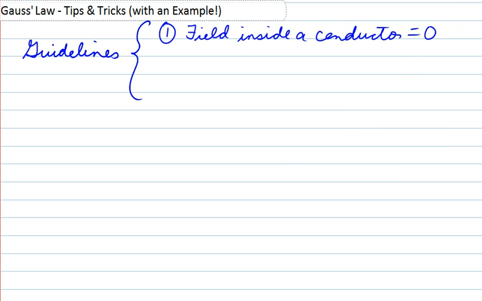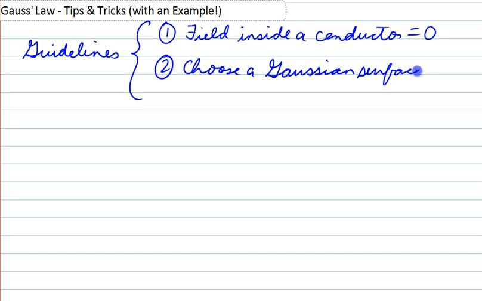Another guideline to keep in mind when applying Gauss's law is we want to choose a Gaussian surface, and there's plenty of examples of this in the book, such that the electric field is always perpendicular to a small dA, or an area element.